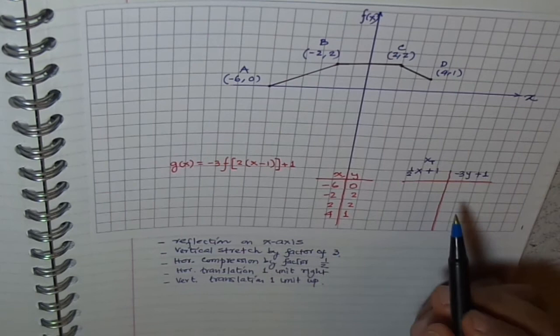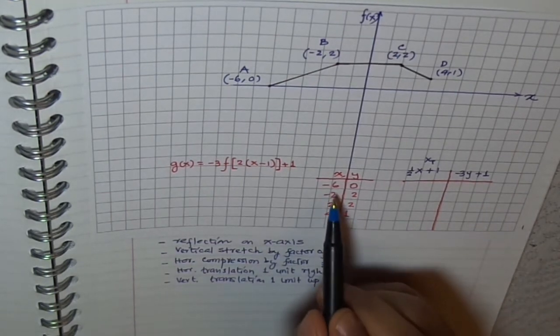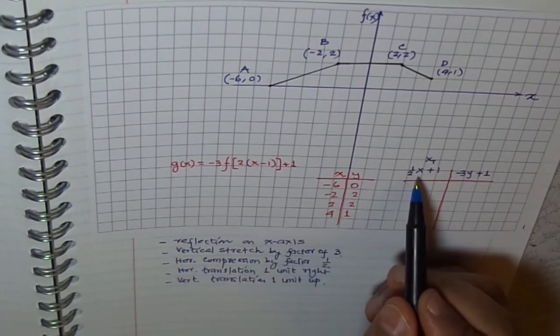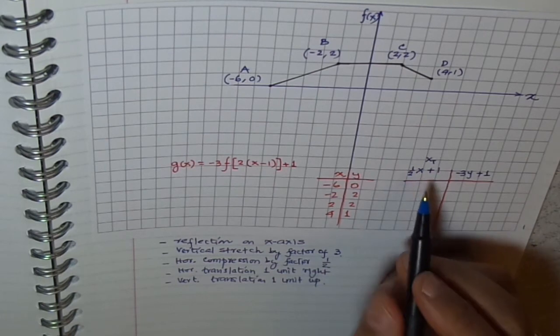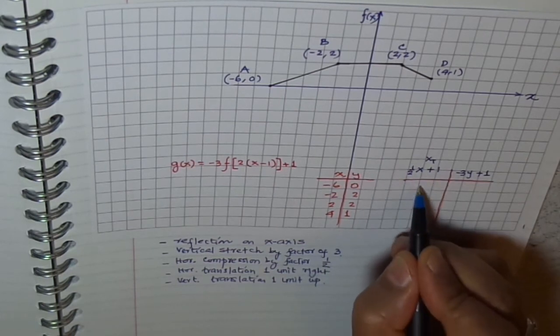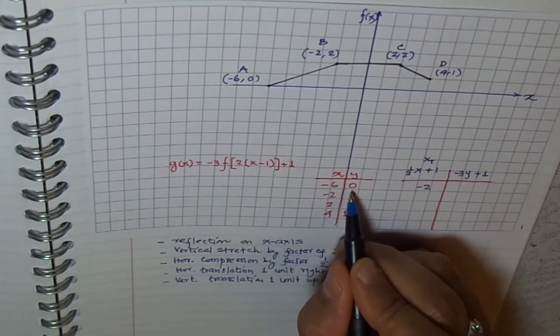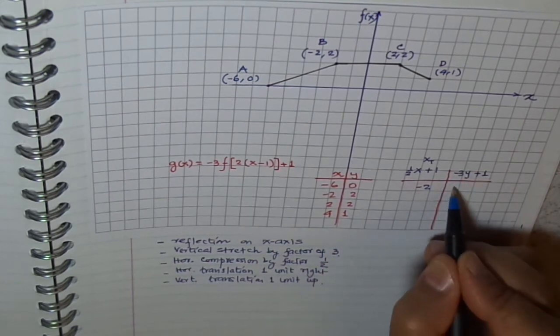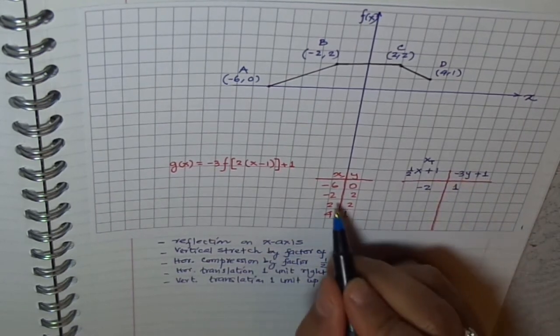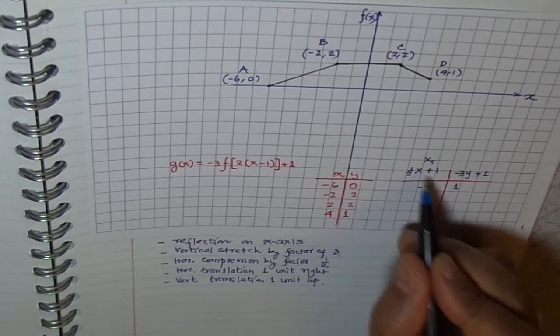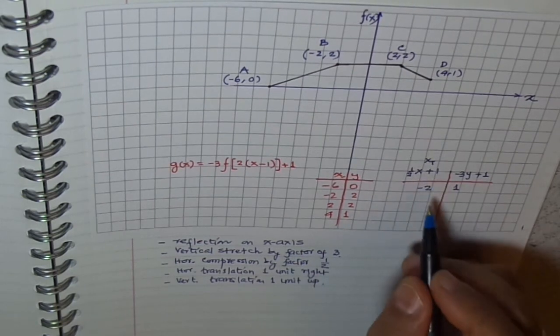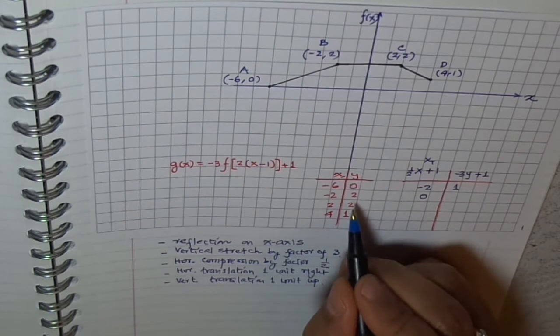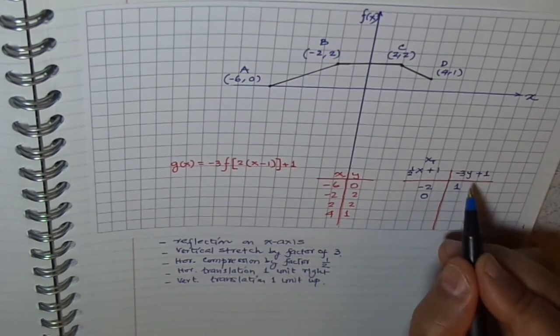Now let's calculate. Minus 6. Half of minus 6 is minus 3. Minus 3 plus 1, minus 2. And 0 times anything is 0 plus 1. So we get 1. Minus 2 times half will give us minus 1. Minus 1 plus 1, 0. 2 times minus 3 is minus 6.